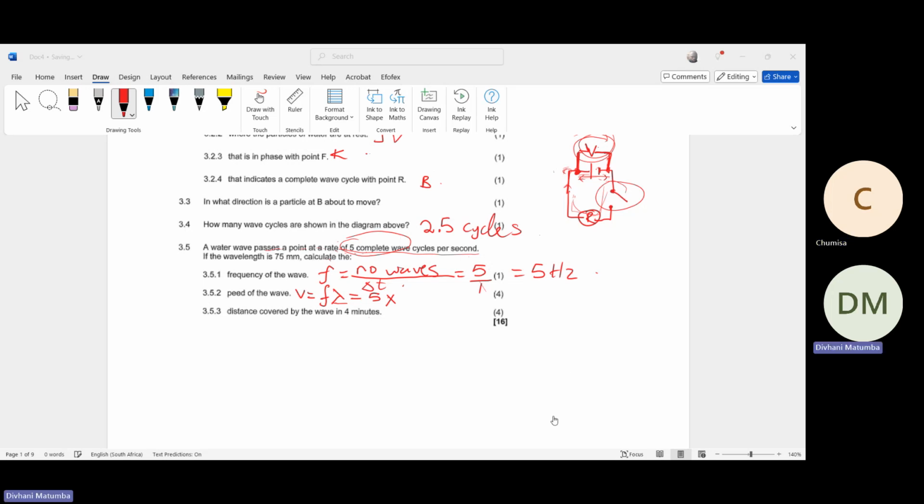Meters. So are we given the units in meters? No, sir. So what should we do now? I think we must divide the 75 by 100. That's true. If we divide it by 100, so you are right. Let's use a calculator and see what we're going to get.